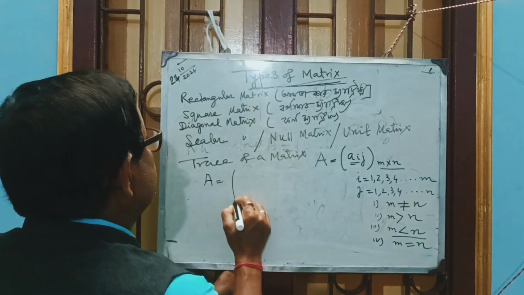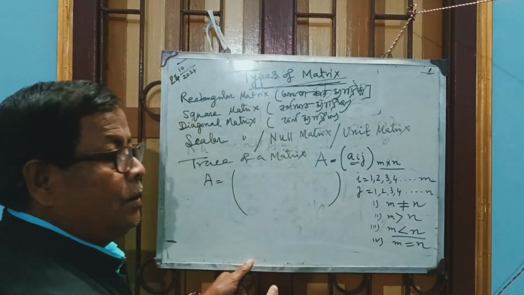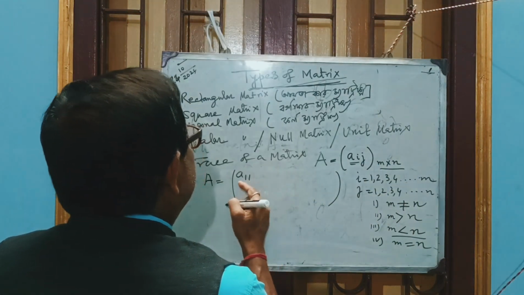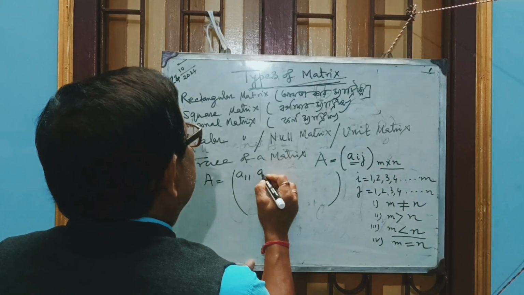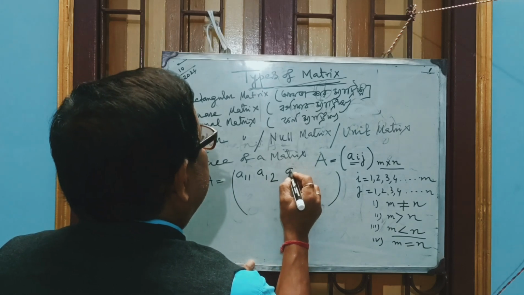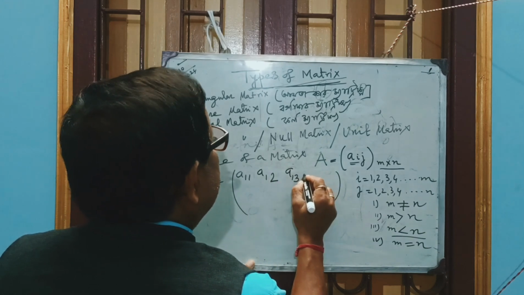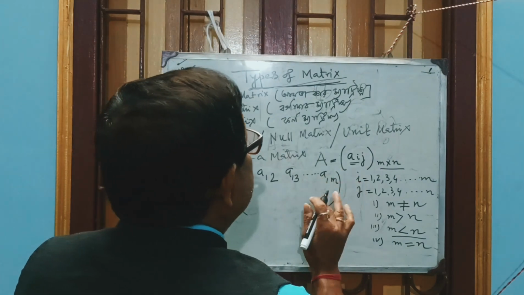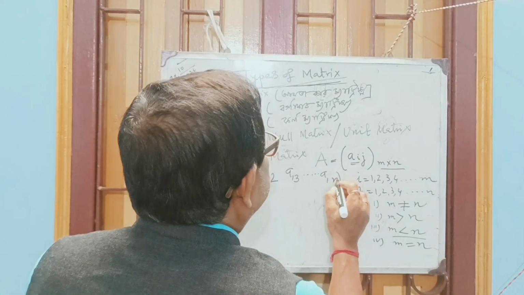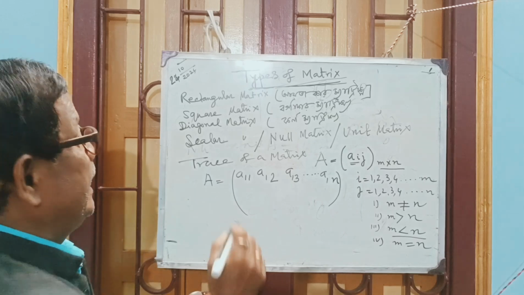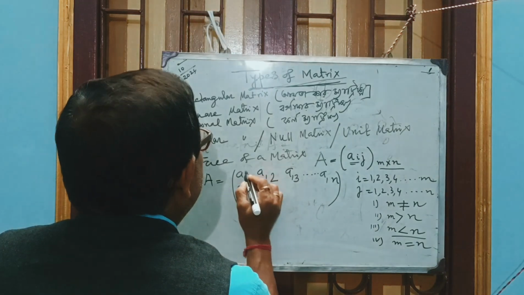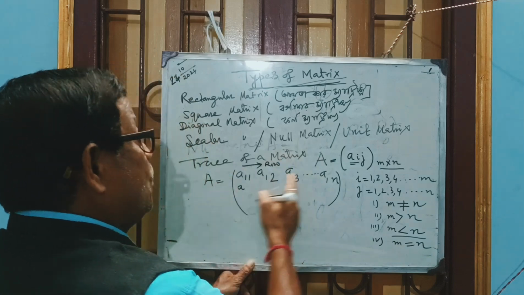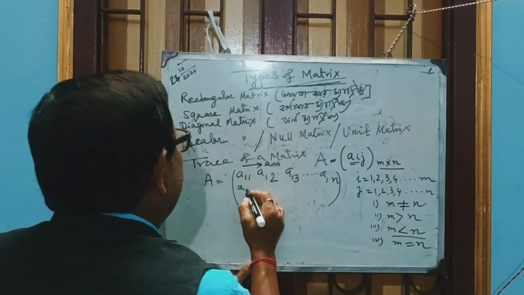A is equal to: first row, first column, first row, second column, first row, third column, and so on, up to first row, Nth column.